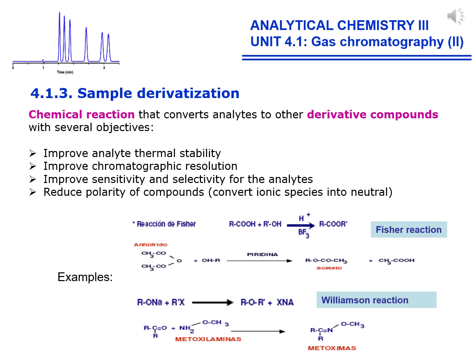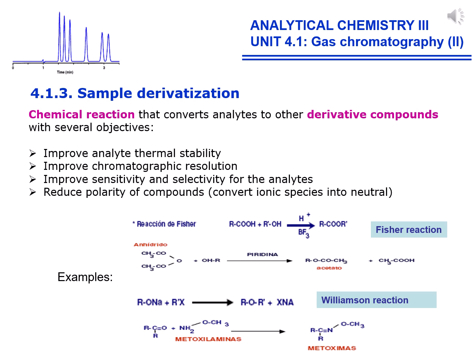to avoid overlaps between various compounds present in the sample, or to improve the sensitivity and selectivity of an analyte, or to reduce compounds' polarity, for example, converting ionic species into neutral ones to be compatible with gas chromatography.